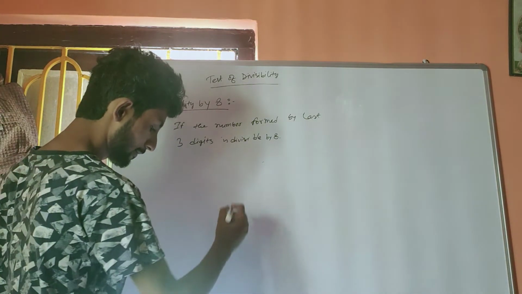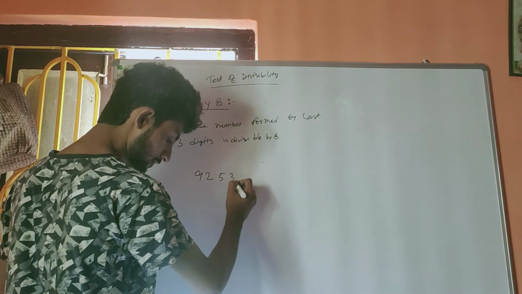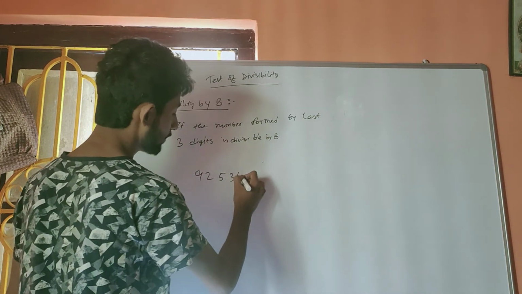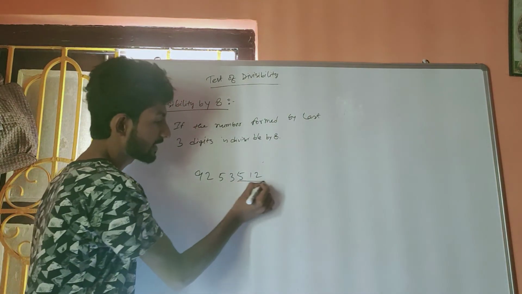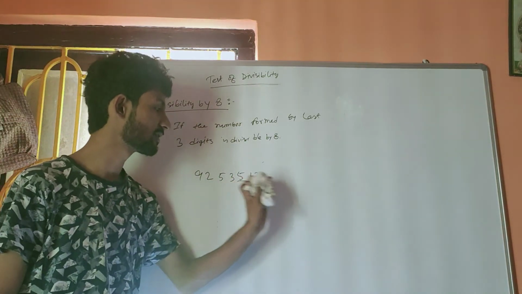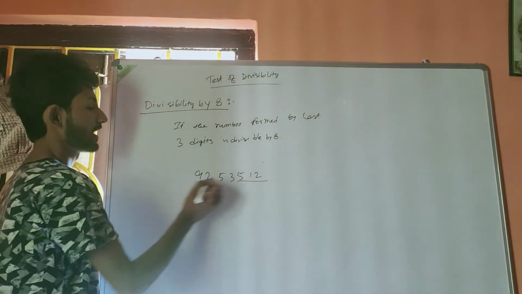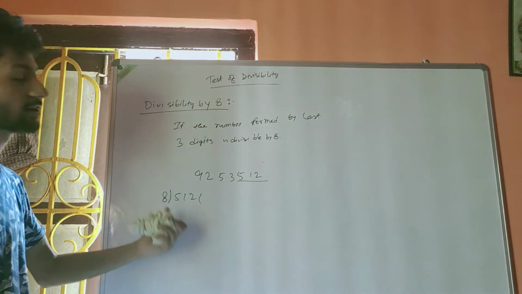Suppose for example I took 9253512. In this number, the number formed by last 3 digits is 512. We have to check that 512 is divisible by 8 or not.